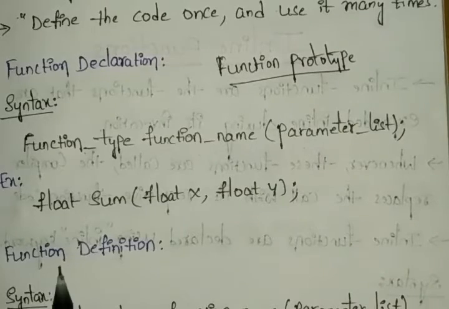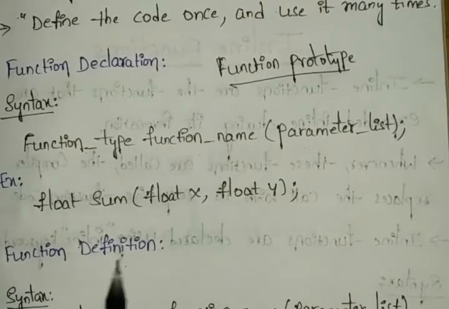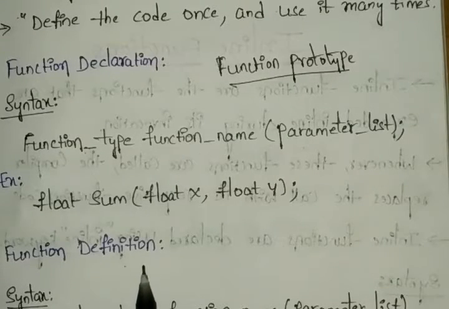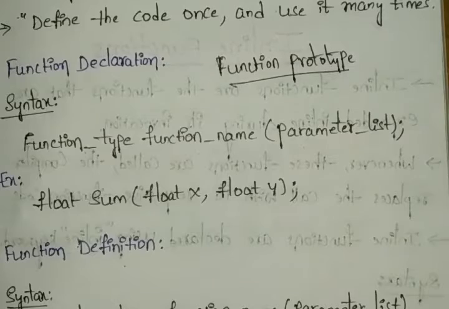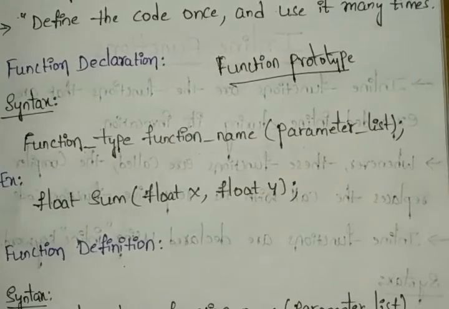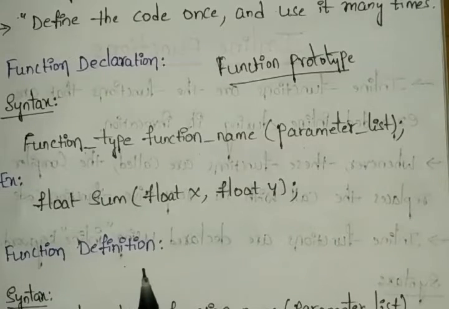In this function body we are passing a block of statements. In the main function we are writing some statements, right? Same like that, in the function definition we are passing the block of statements, along with the function name, argument list and return type.